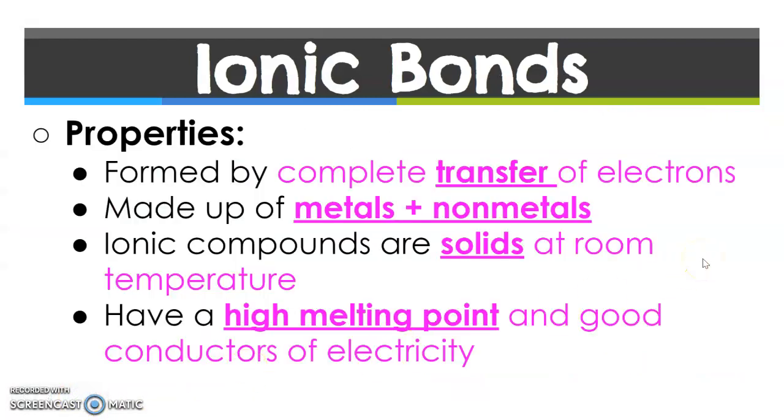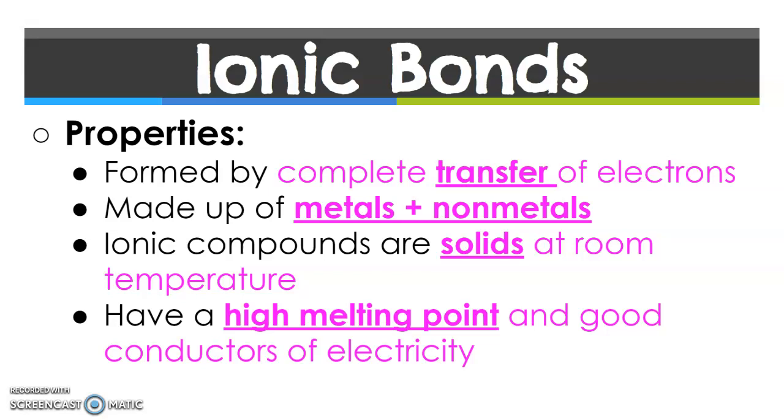So what are the properties of ionic bonds? They are formed by a complete transfer of electrons, okay? So the electrons are going to go from the metal to the nonmetal. So they're given those electrons over. They're made up of metals and nonmetals. So if you had a question that said, okay, will these two elements form an ionic bond?